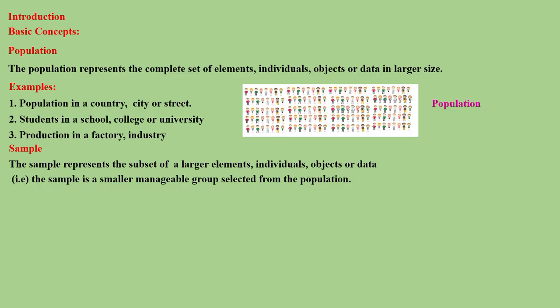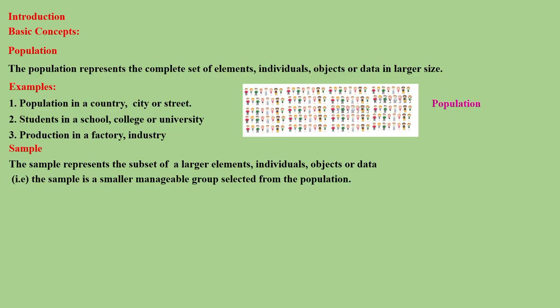Suppose you want a sample of some population from India, you can take a few people. Instead of considering the total population, you can take a few hundred, 100 Indians, 200 Indians.